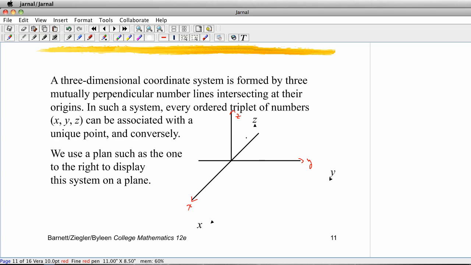So the idea is that this is supposed to look three-dimensional. The X is supposed to look like it's coming out of the screen at you. And so we think of this area down here, the stuff on just this XY part, as being a regular graph. So if I wanted to come out 2 units along the x-axis and 3 units on the y-axis, I would be walking out of the picture a little bit, and I would be right there.